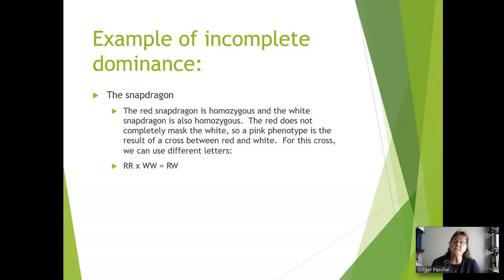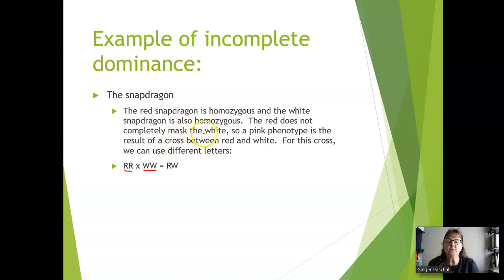So if we take a red snapdragon that is homozygous, in other words, it would be a capital R, like we have here, because it's showing red and it's homozygous, and a white flower, which is also dominant. So what we would do is we would represent that homozygous individual as capital W, because it is not recessive. So we would not have a lowercase letter.